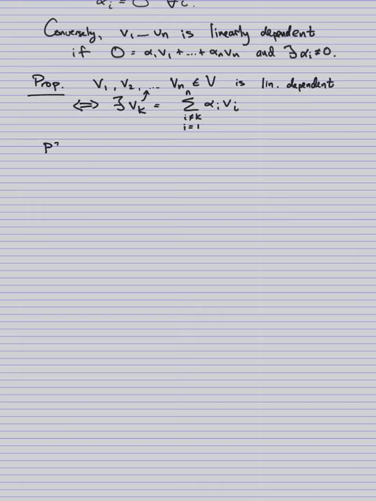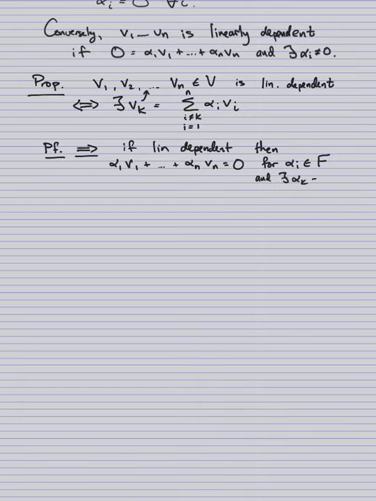Okay, so let's see the proof. I guess I'll go this way first. If linearly dependent, then there's a linear combination alpha 1 v1 plus ... plus alpha n vn equaling 0 for alpha i in F, and there's some alpha k which is not 0.